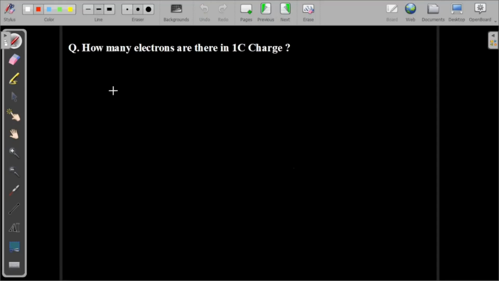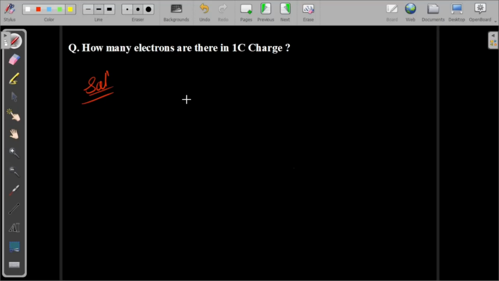This is an easy question. How many electrons are there in 1 coulomb charge? You got one thing. In one electron, how much charge did you get?